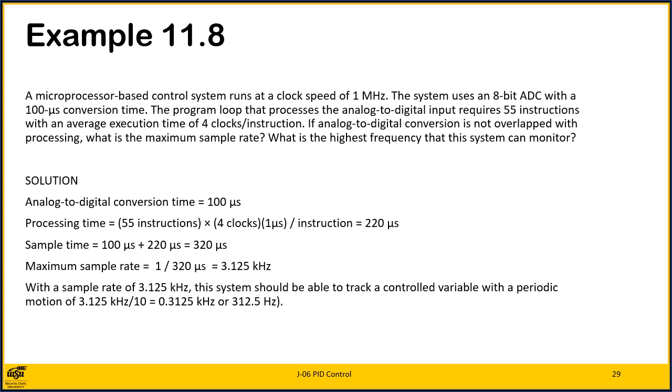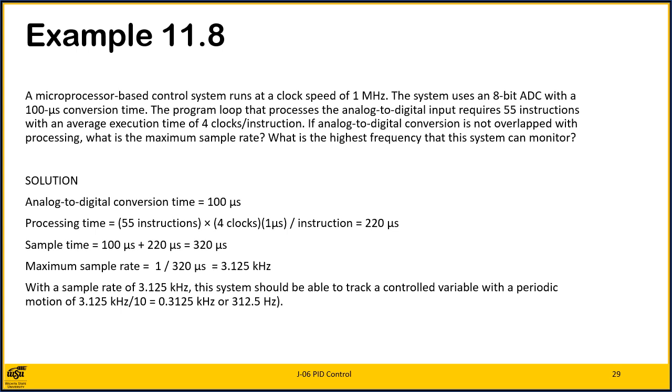So, the solution: analog to digital conversion time is 100 microseconds. The processing time is 55 instructions times 4 clocks per instruction, times 1 microsecond per clock, which is equal to 220 microseconds. So the sample time is 100 plus 220 microseconds, giving us 320 microseconds.